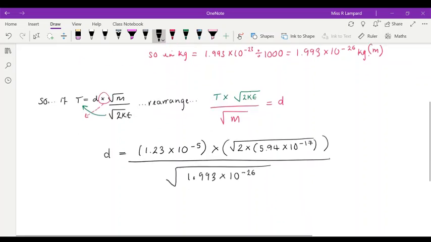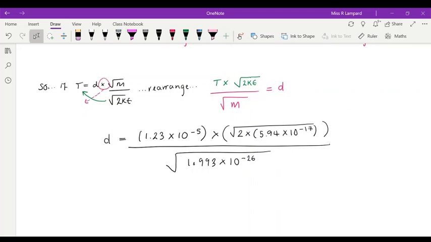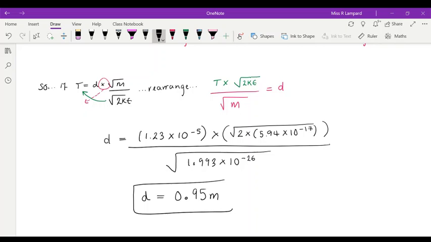And if we put that into the calculator, our answer comes up with 0.95 meters.